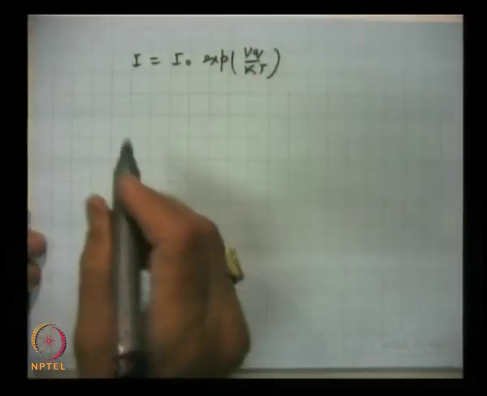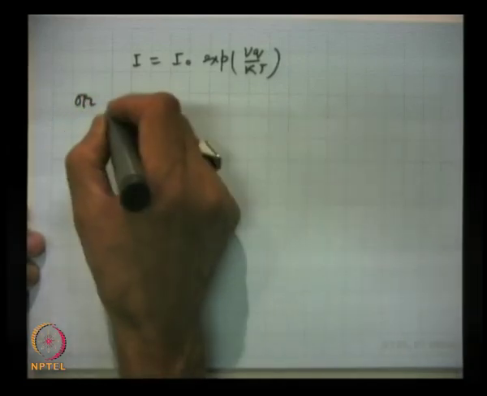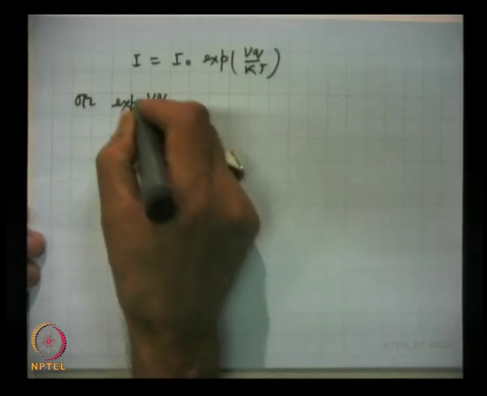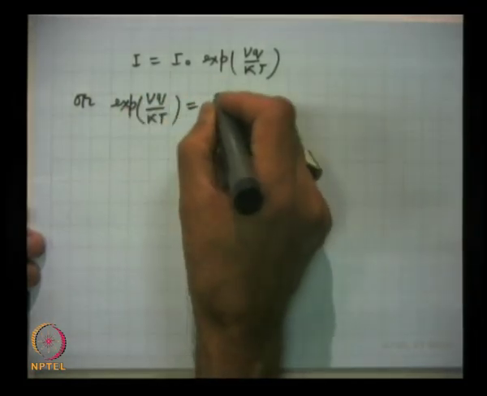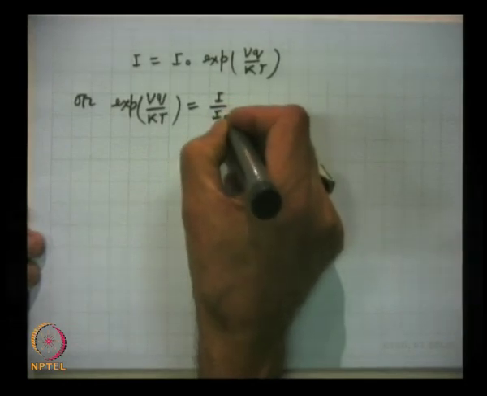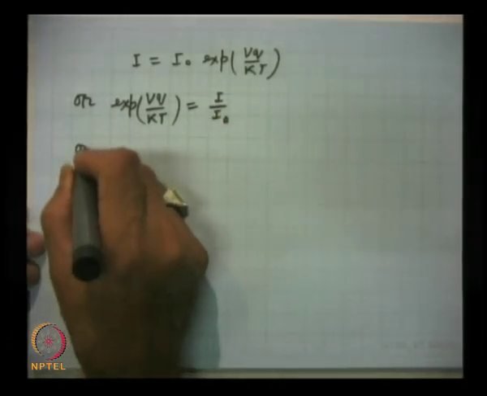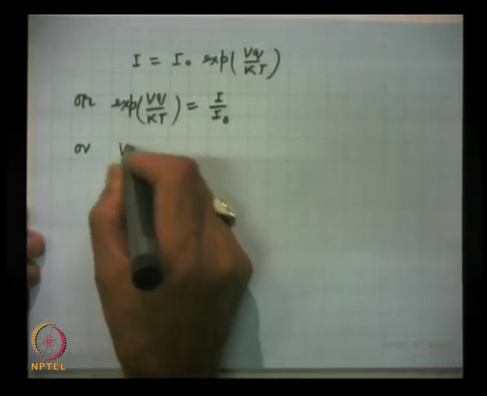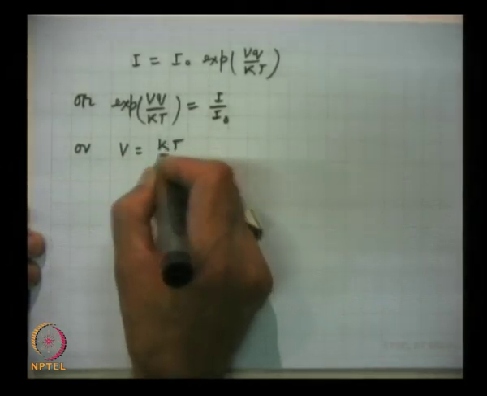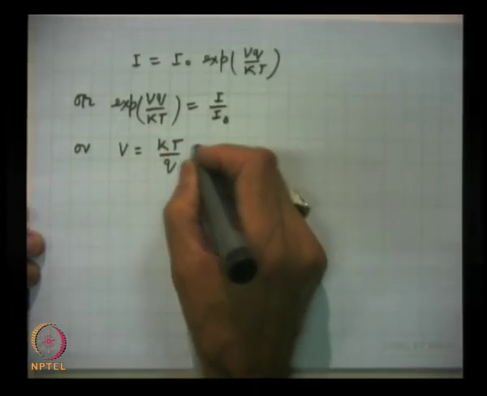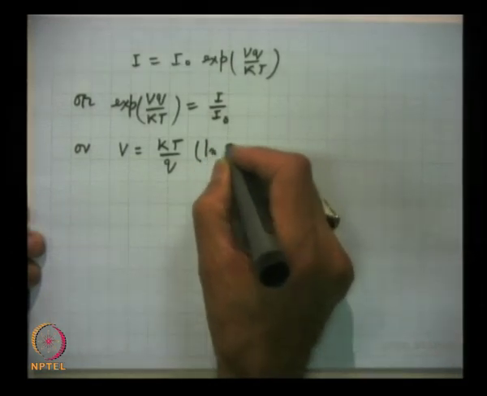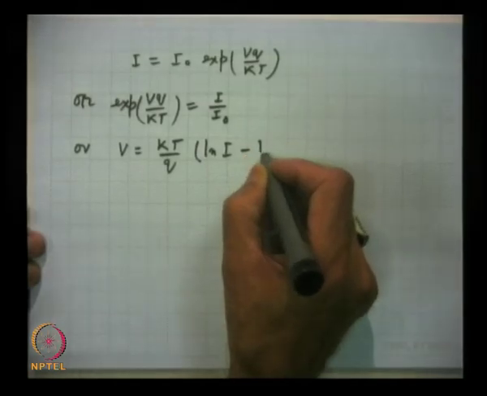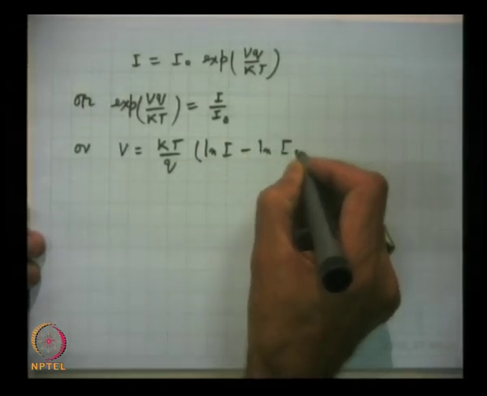From here, exponential VQ by KT is equal to I by I0, or we take log of both sides, V equal to KT by Q into log I minus log I0.